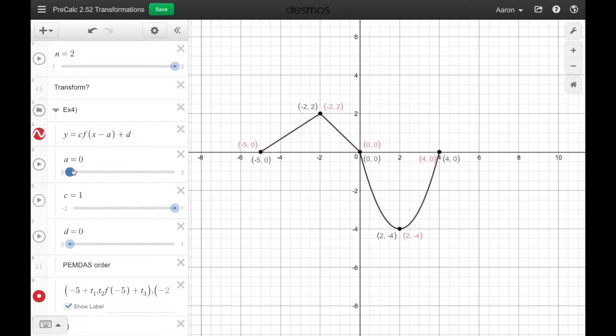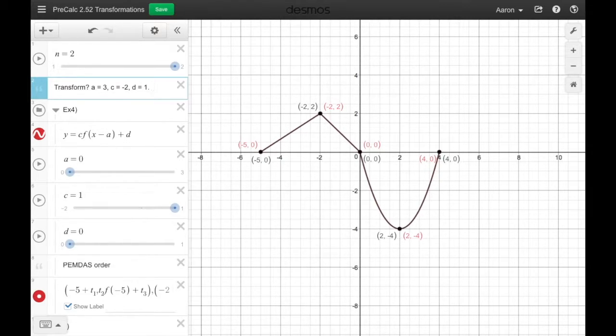All right, example 4 has 3 different numbers in it. I see a -2, a 3, and a 1. So the transformation, let's write that down. A is going to equal 3. Then we don't have a b value, but the c value, c is going to equal -2, and the d value is going to equal 1.